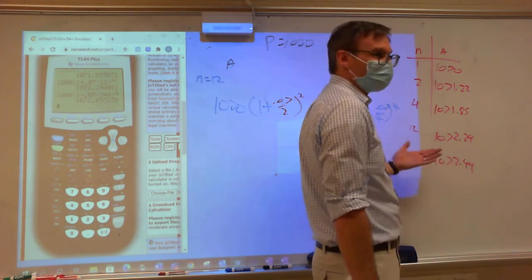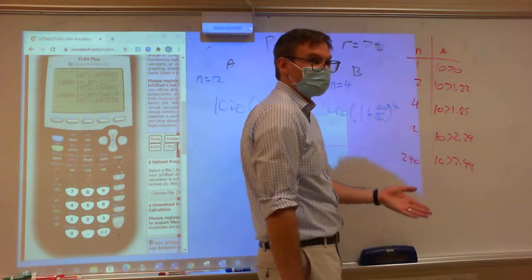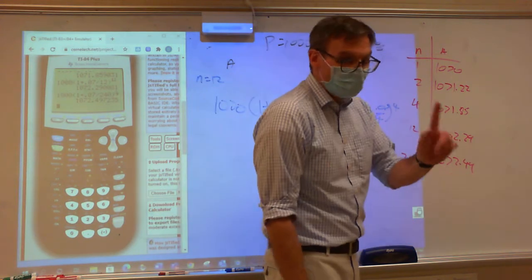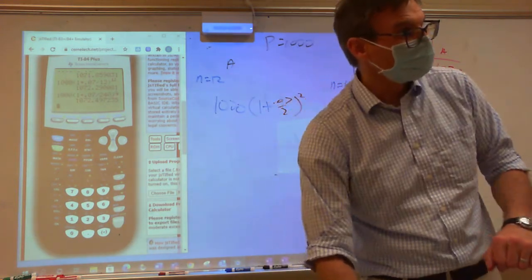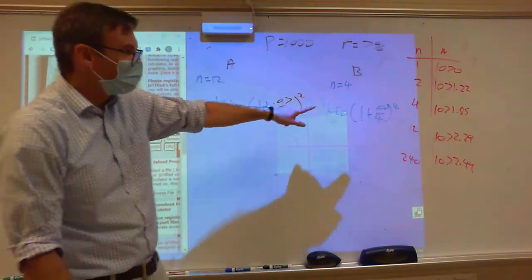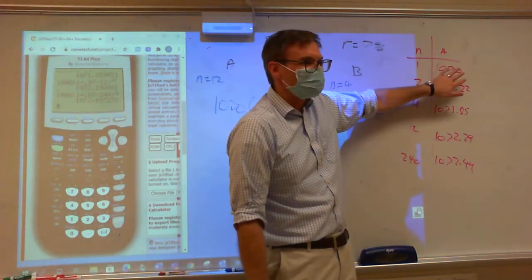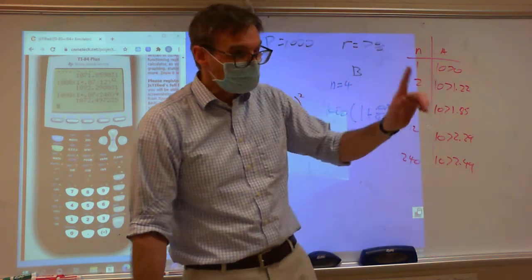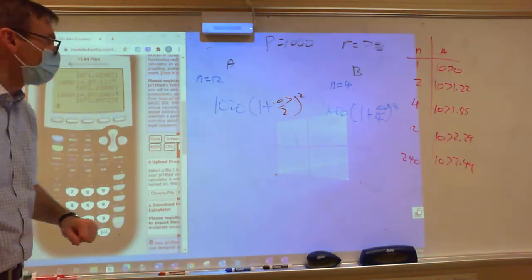Even if I did 300 or 1,000, there's probably not going to be that much change. And I'm actually going to talk about that tomorrow. I do like that you're noticing a bigger change here than here, even though I'm compounding more. So hold that thought for about a day.